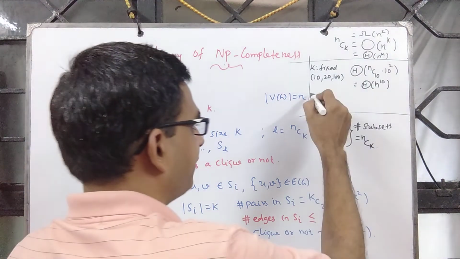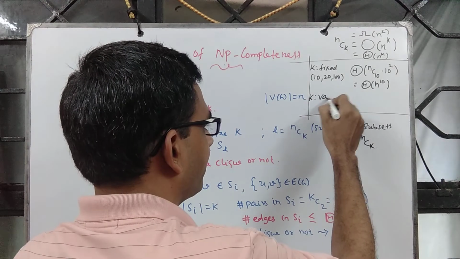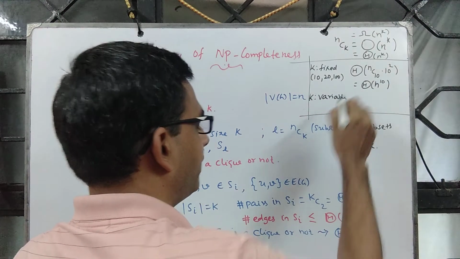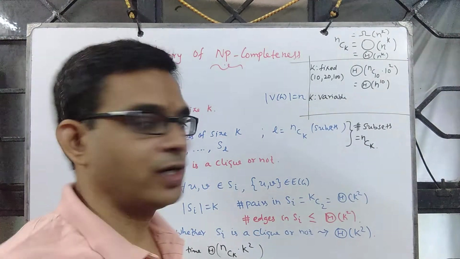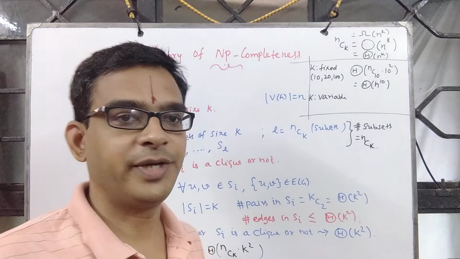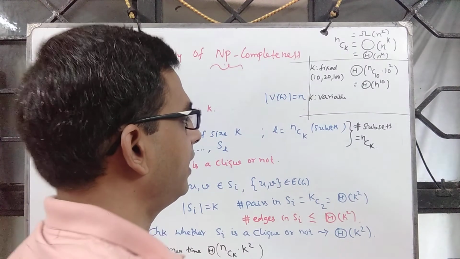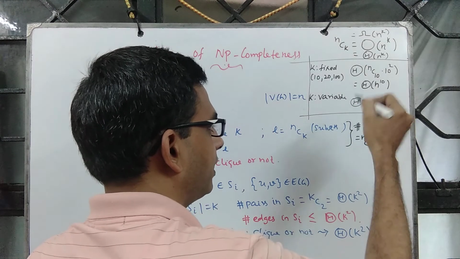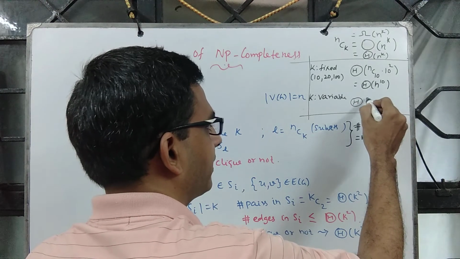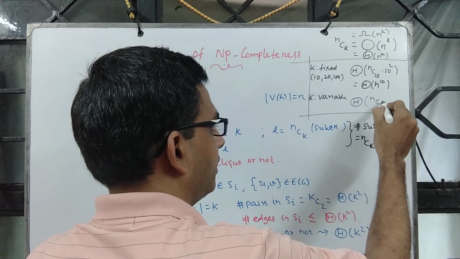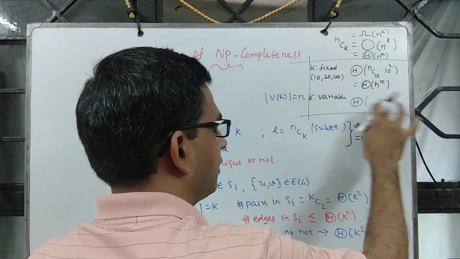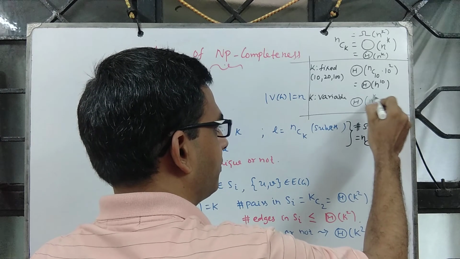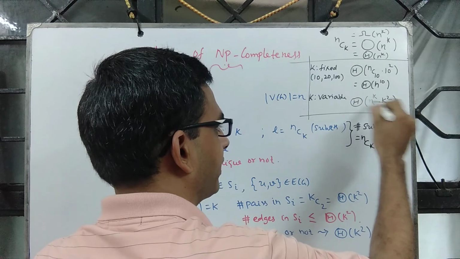But when k is a variable in n, so it could be log n, it could be root n, it could be n by 2, then it is not a deterministic polynomial time algorithm. Then you can only say it runs in n power k times k square.